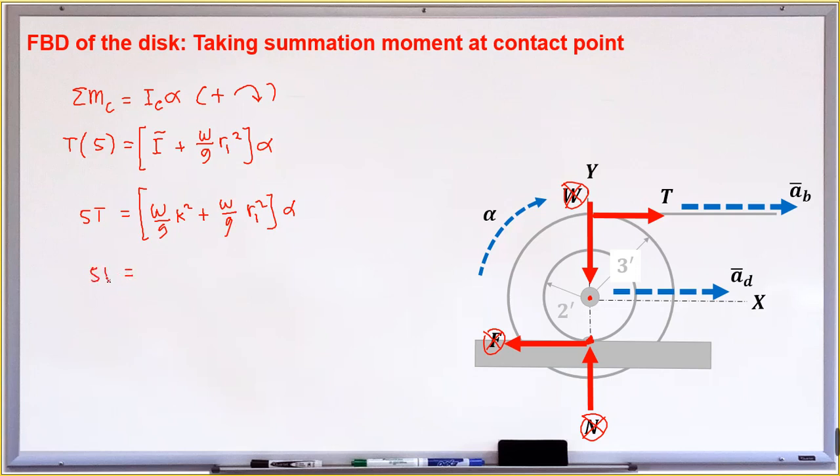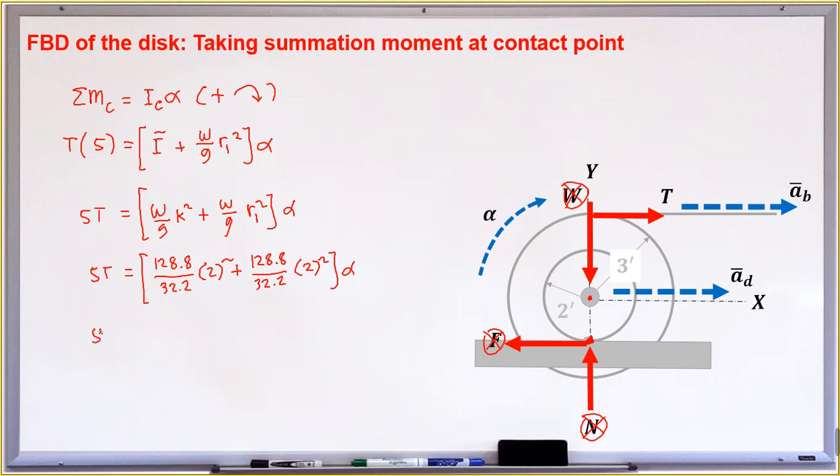So we substitute the values. So the weight is 128.8 over 32.2 and K is 2 squared. Then 128.8 divided by 32.2, and then the inner radius is 2 squared.